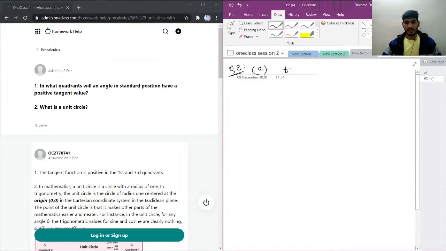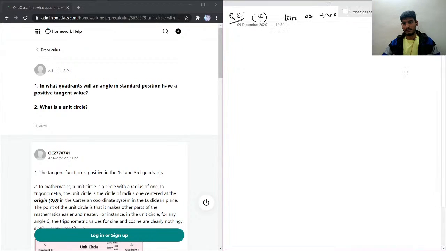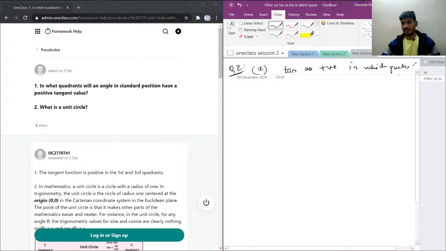So we need tangent as positive in which quadrants. And we have B part is what is unit circle. So we'll start with the A part.